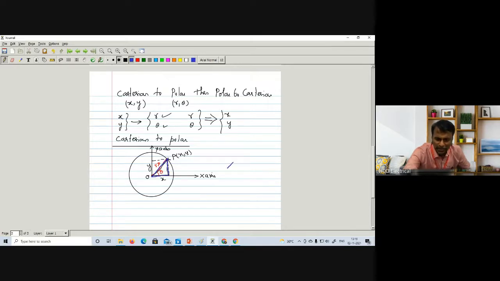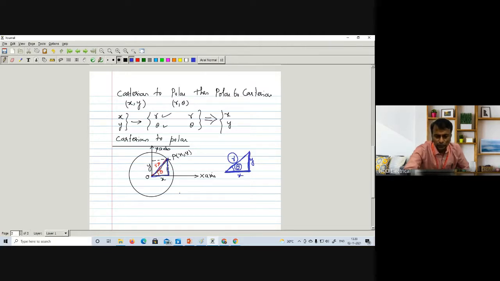In this right angled triangle, this is r, this is x, this is y, and this is theta, right? So you want to know r and theta in terms of x and y. This is the hypotenuse of the right angled triangle, and if this angle is theta, this is your adjacent side, and this is your opposite side.